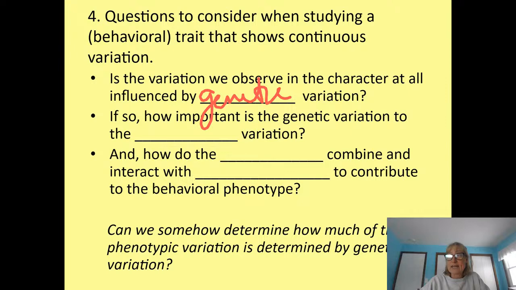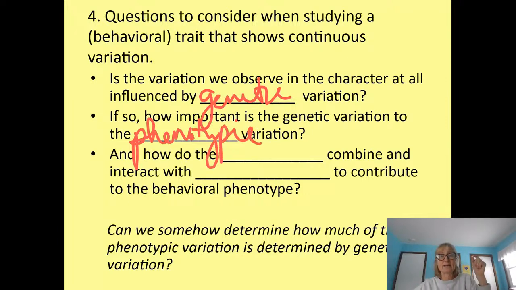Are there some variations in the genes contributing to the variation we see in this behavior? And if so, how important is the genetic variation to the overall phenotypic variation? The phenotypic variation would be the variation in the trait, what it looks like.